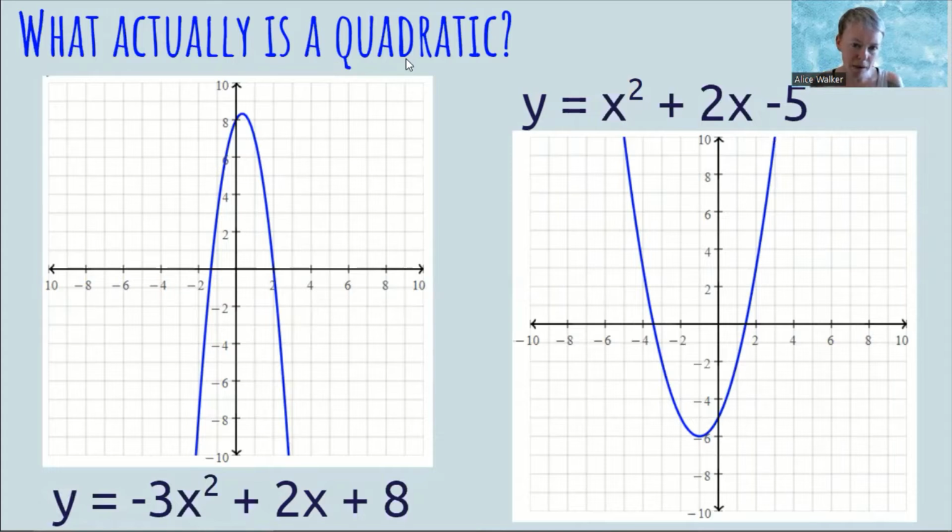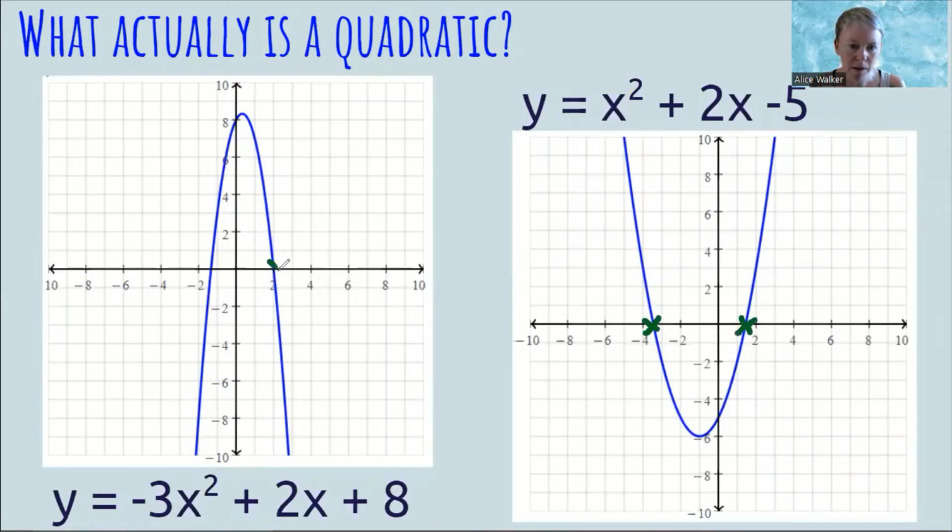And we have a curve that looks like that. And then we have our U-shaped parabola there with another quadratic. So we also have places where it crosses the x-axis.